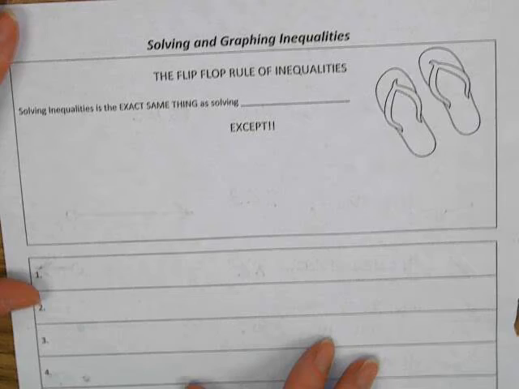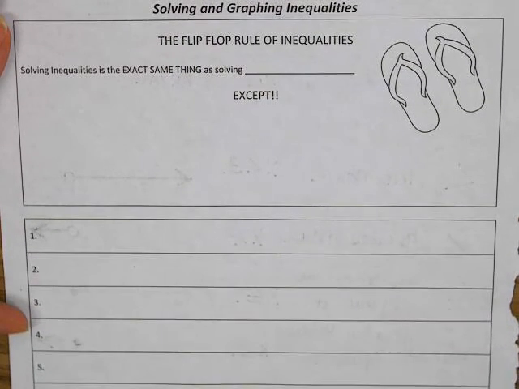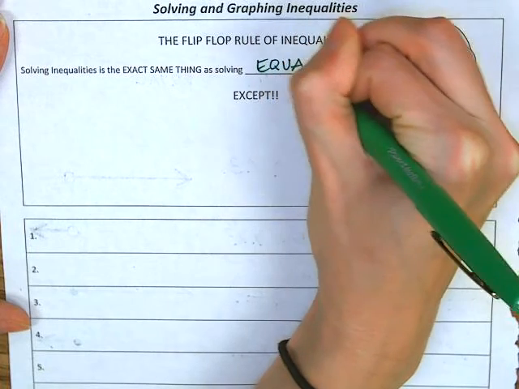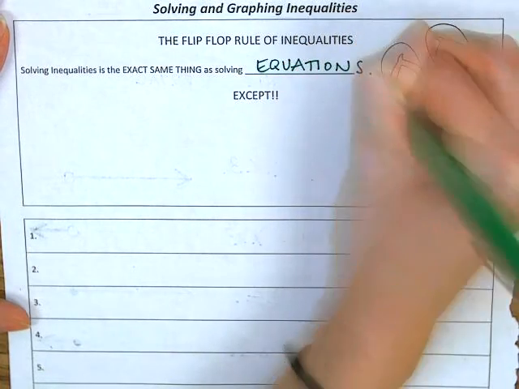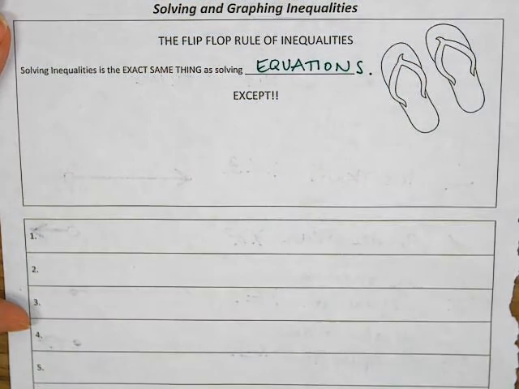All right, now we're going to talk about solving. And you know what? Solving inequalities is the same thing as solving equations, which you guys were really good at, except there's one rule, and we'll talk about why tomorrow.